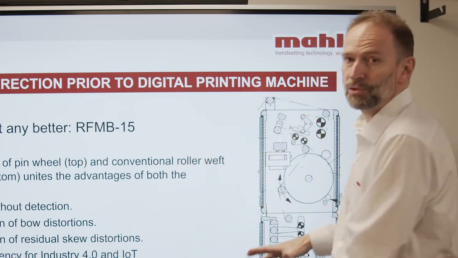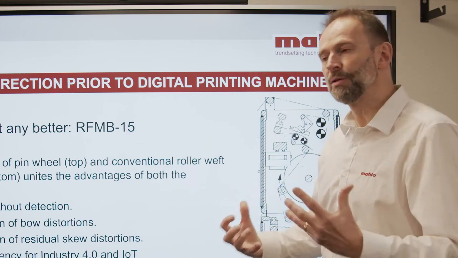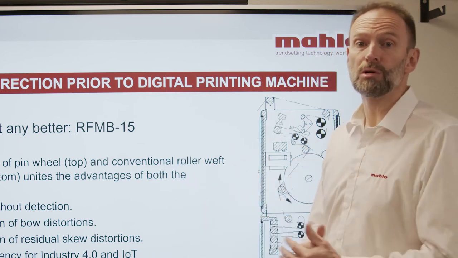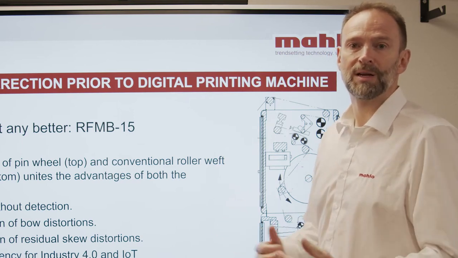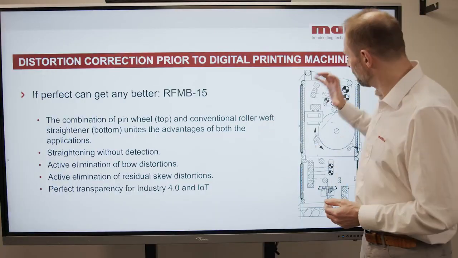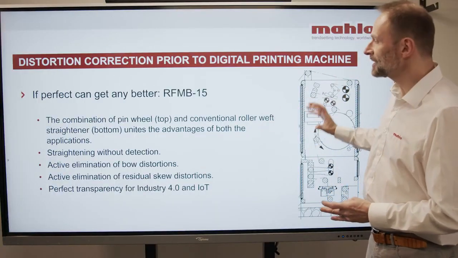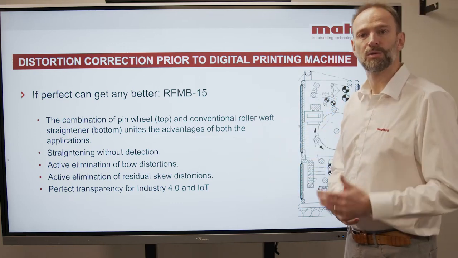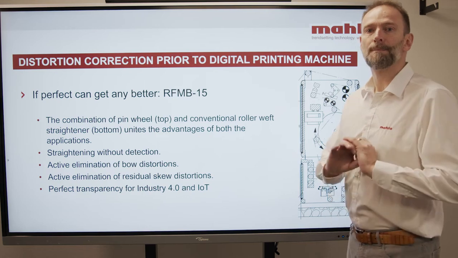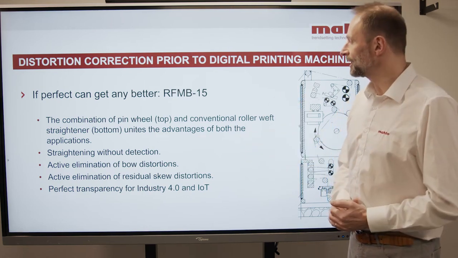And the active straightening, where we are doing the straightening by means of rollers, bow rollers and skew rollers. This is what Dr. Heinz MAHLO invented some decades back. So here we have really the best out of two worlds, and this will really beat everything that you have. This will make sure that you always have a perfectly straight fabric when it comes to the printing.